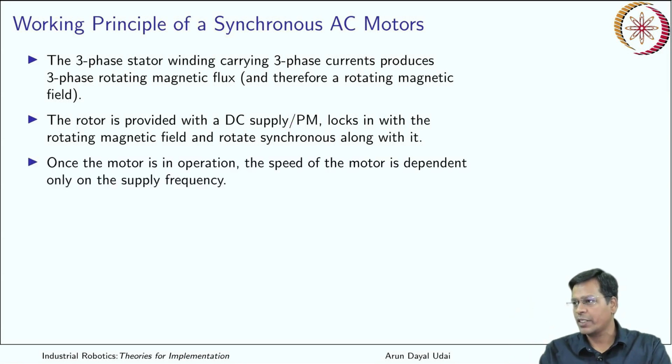Once the motor is in operation, the speed of the motor is dependent only on the supply frequency. The rotating magnetic field is because of a fixed frequency supply, so it rotates with the frequency of the input AC supply. So in order to change the speed, you have to change the frequency.